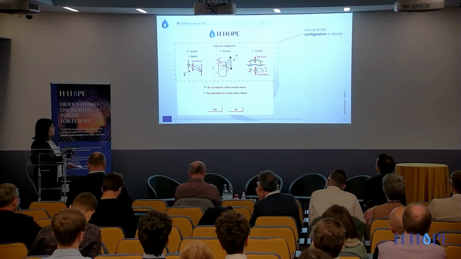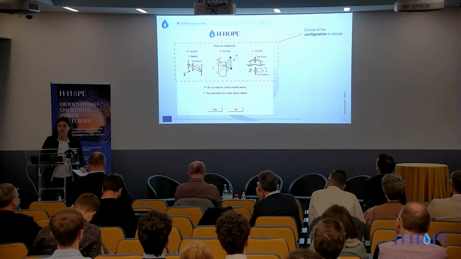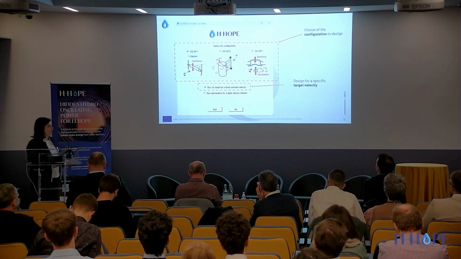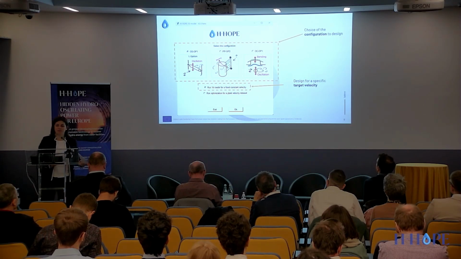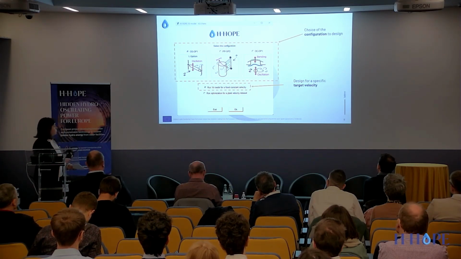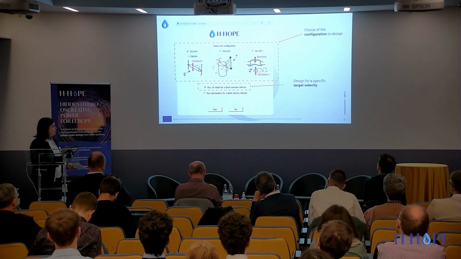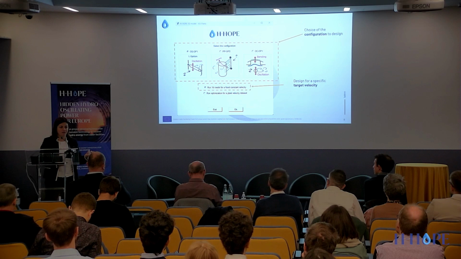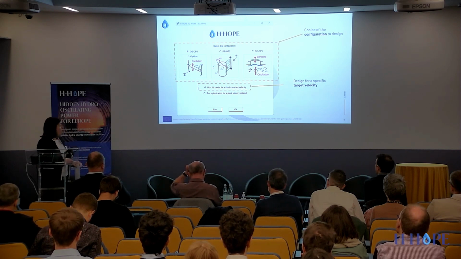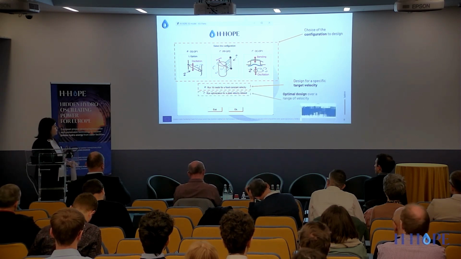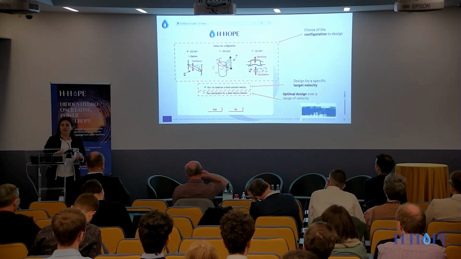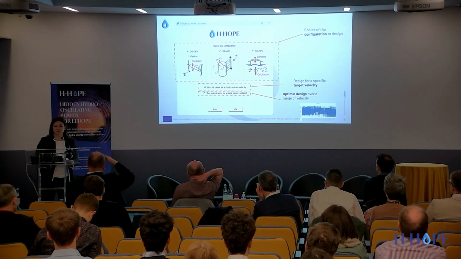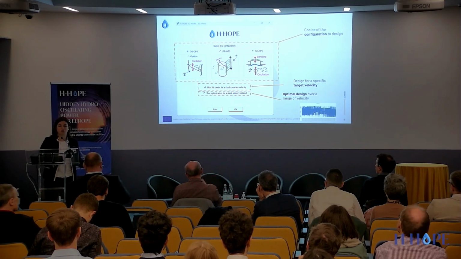And after the choice of the configuration that you want to design, you also need to set the type of design that you want to do, because you can choose if you want to design the device for a very specific velocity, like a constant velocity available in a certain condition, or you can also choose to design over a range of possible velocities, like the one we have seen in the water distribution network, where the velocity is not constant.